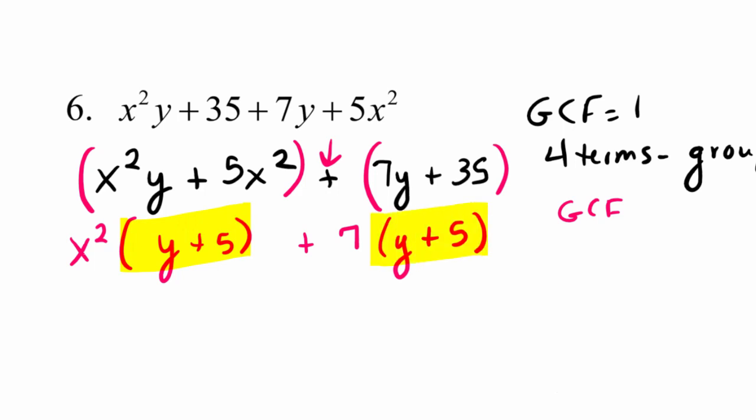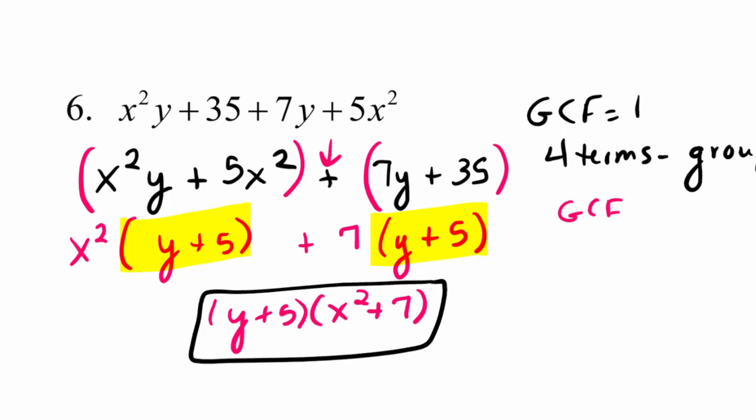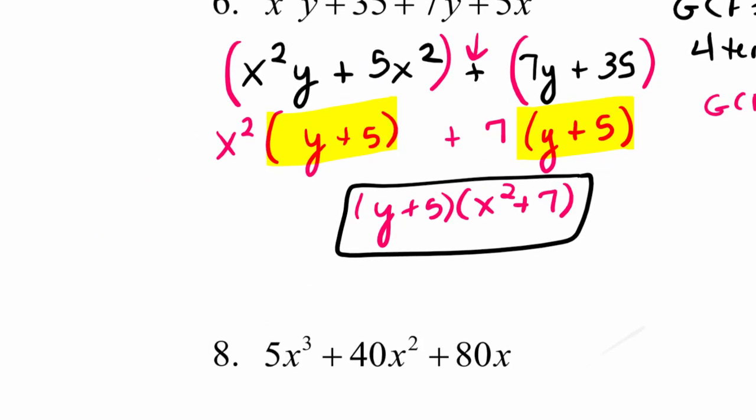Because the goal is to get those two to match, because now that is the GCF and you bring it out. So y plus 5 times x squared plus 7. And as I look at those two binomials, they are simple. They're prime now at this point. No more factoring. So that's our answer. So did you remember the grouping method? Because a lot of my students, they've gotten rusty on it by the time I reach this section.